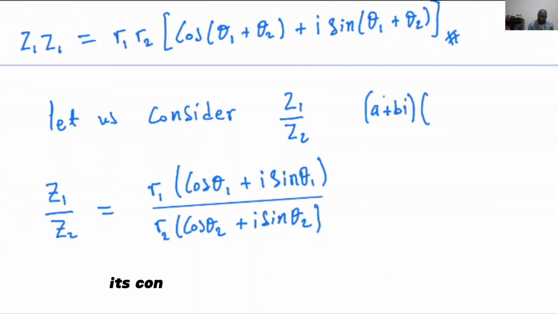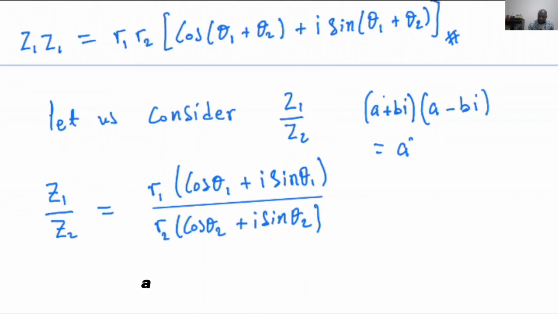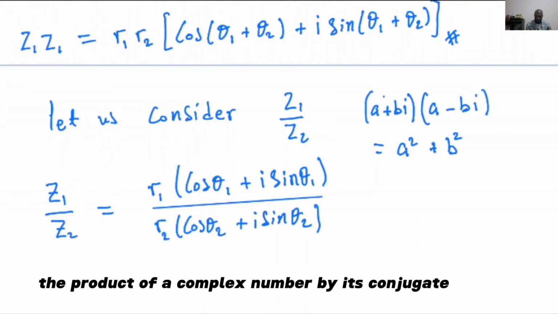Its conjugate must be a minus bi. And when we multiply these two complex numbers, we simply get a squared plus b squared. That is the result of the product of a complex number by its conjugate.